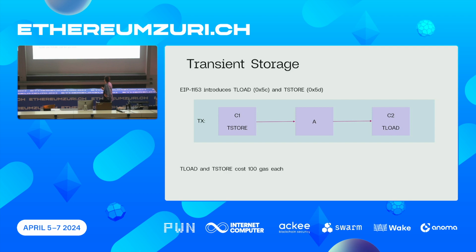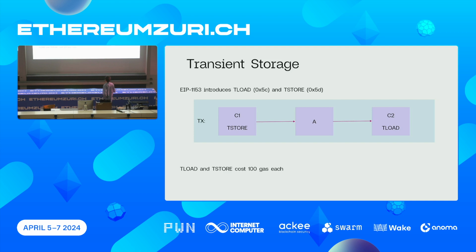EIP1153 introduces these two new opcodes, TLOAD and TSTORE, and they claim to behave exactly like storage, except that they are reset at the end of a transaction. So now C1 can TSTORE and C2 can TLOAD, and the value that's been stored in C1 is retrieved in C2.